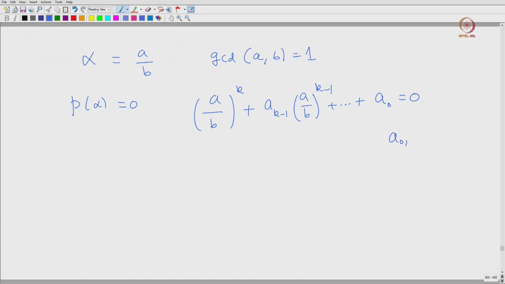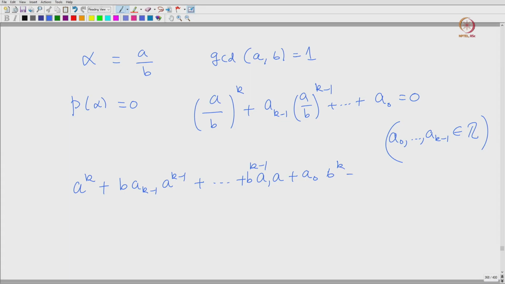Note that a naught, etcetera, a_(k minus 1) are all integers. Now if we cancel out the denominator by multiplying by b to the power k, we get a to the power k plus b a_(k minus 1) a to the power k minus 1 plus etcetera plus a1 b to the power k minus 1 a plus a naught b to the power k equal to 0.